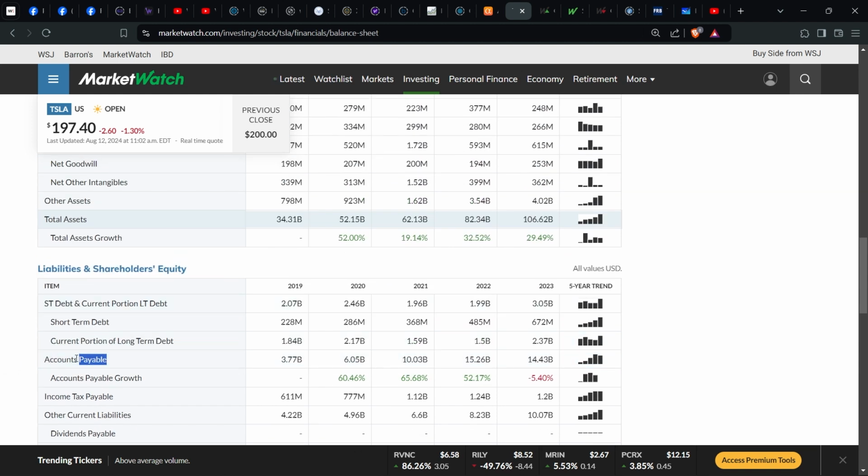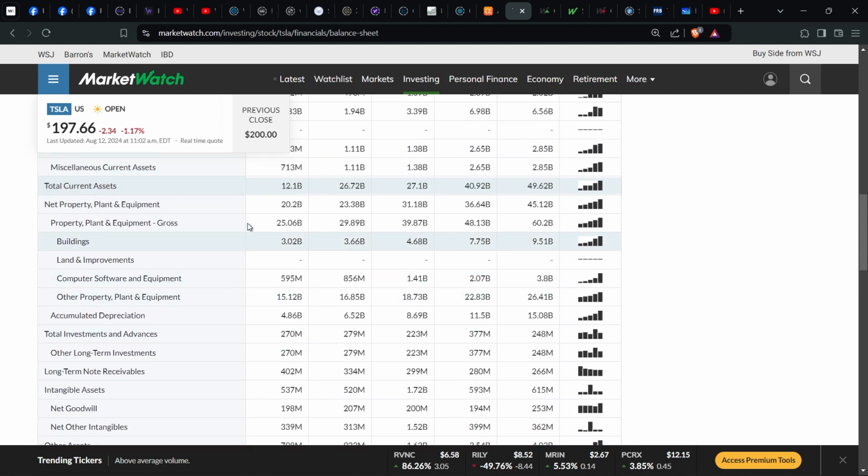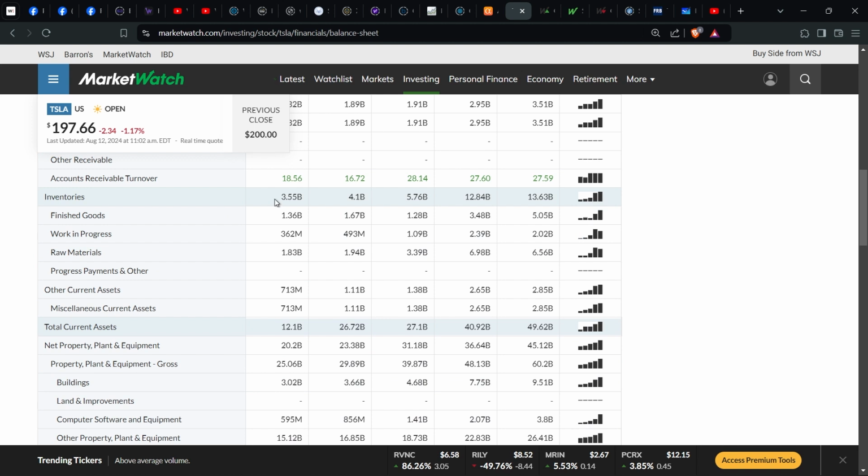So you need to monitor the inventory versus the accounts payable. If you look here, the inventories is around 3.5 billion, and let's look at the latest one, 13.63 billion and 12.84 billion here.